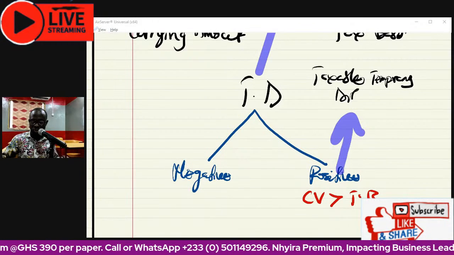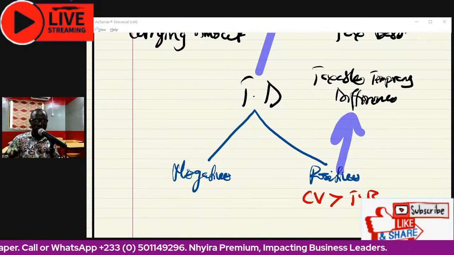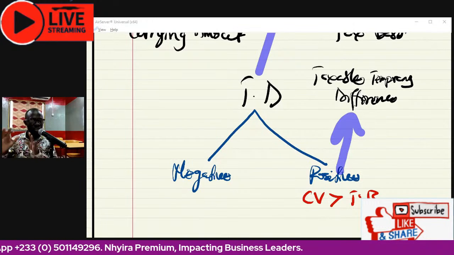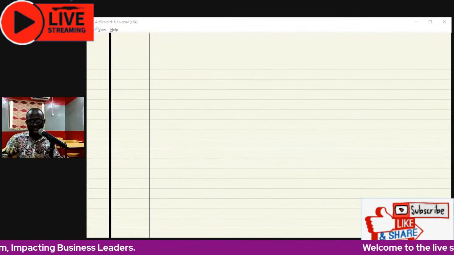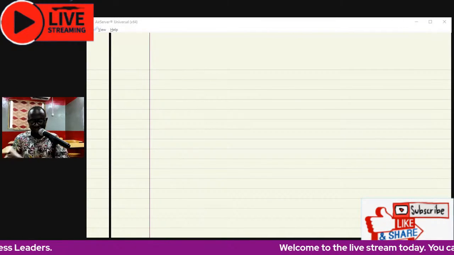A taxable temporary difference. Now, what's the meaning of that? Stay with me carefully. So let's say, for instance, an entity buys shares. Let me give an example.